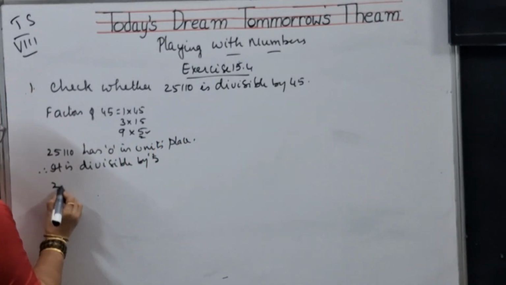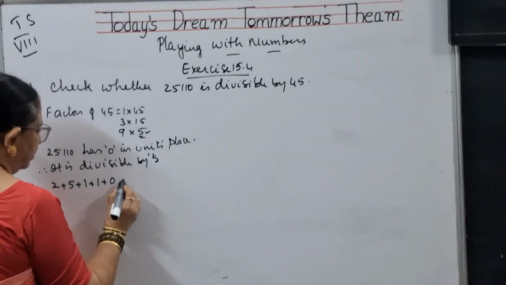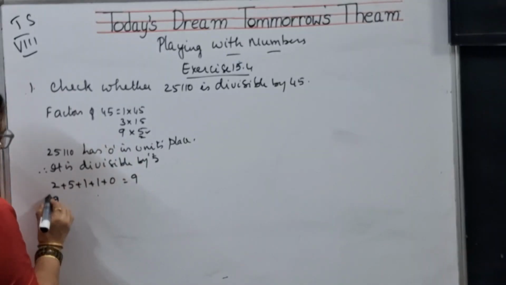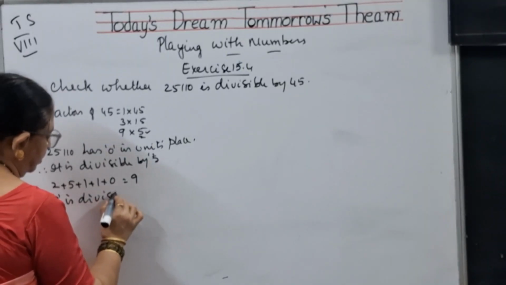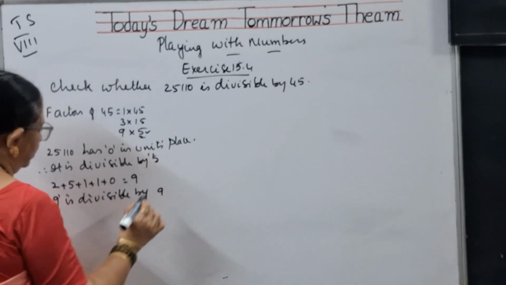Now 2 plus 5 plus 1 plus 1 plus 0 is equal to 9. 9 is divisible by 9.